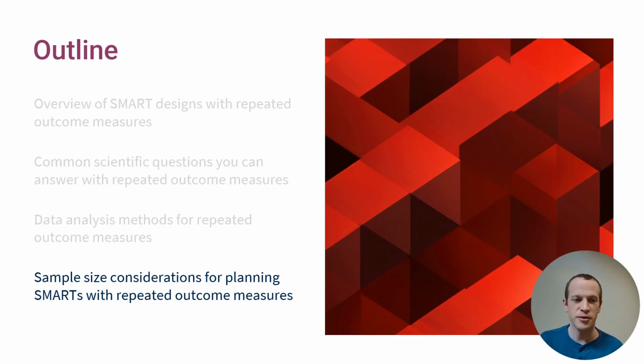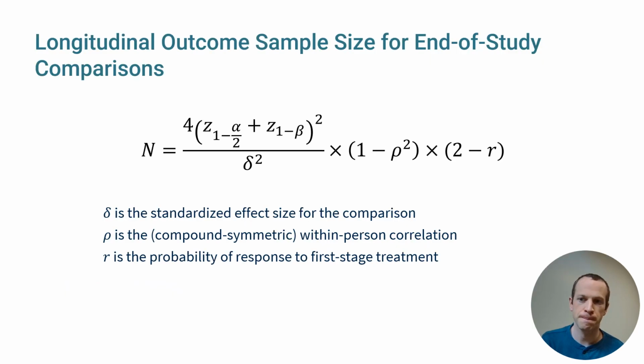And with that, you have made it to the end of the analysis section. So the last thing we'll do is spend a few minutes talking about sample size considerations for planning SMARTs with repeated outcome measures. So the sample size formula in this case takes on this form here. So capital N is the number of participants that we need for the study.